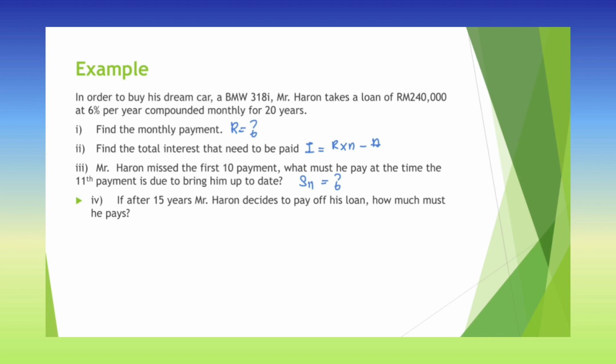For 15 years, n equal to 180. So Mr. Harun has paid for 15 years, and for the rest he wants to pay off his loan. So we have to find A, 60.